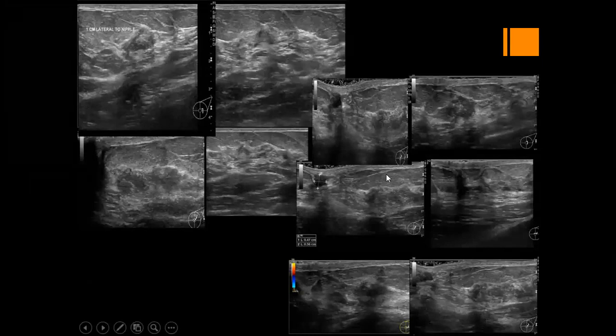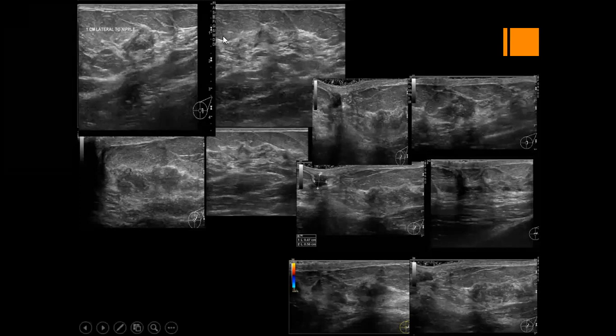And this is the follow-up ultrasound. On ultrasound, it shows a low hypoechoic, irregular mass, and on follow-up, I couldn't appreciate it.